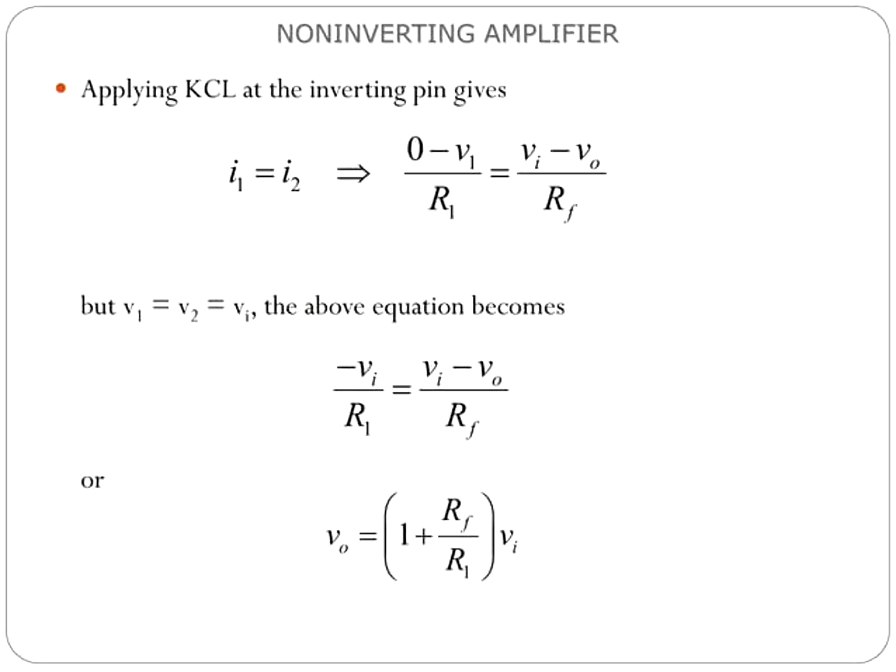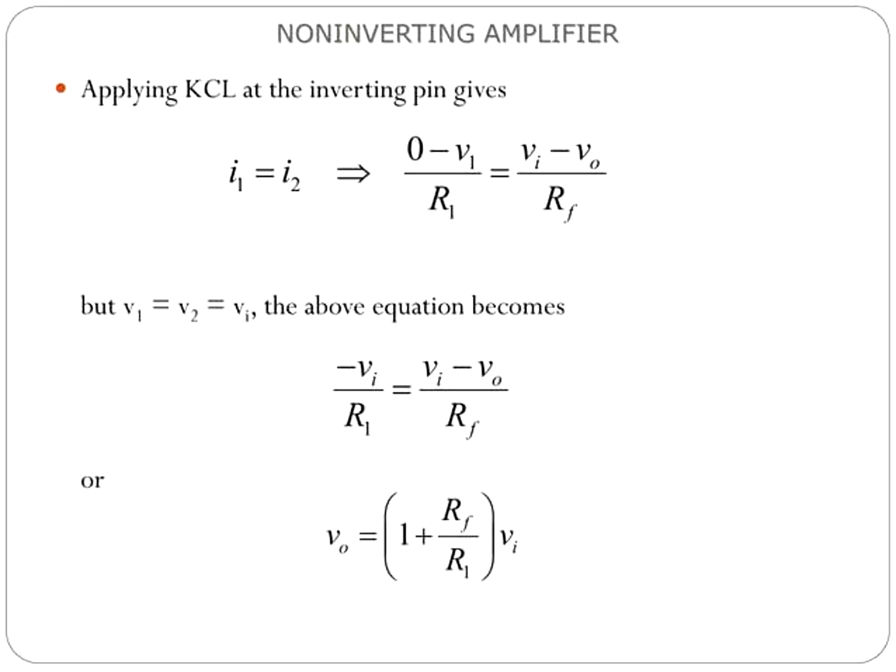Similarly, here also we are going to apply Kirchhoff's current law at the inverting pin. So I1 equal to I2, that is, we are going to find the current flowing through resistor R1, and similarly the current flowing through the feedback resistor is I2. From this, the current equation is minus V1 by R1, which will be equal to V1 minus V0 divided by Rf.